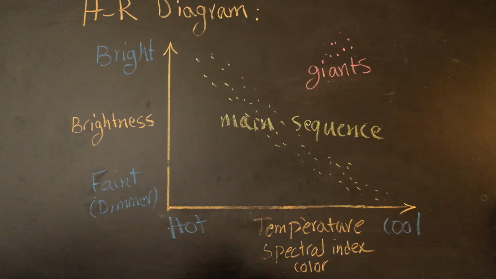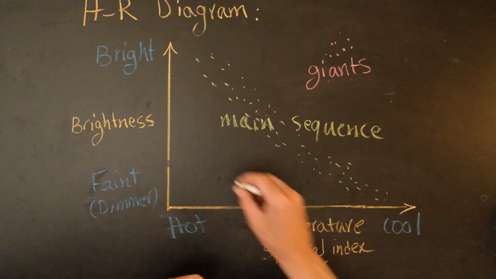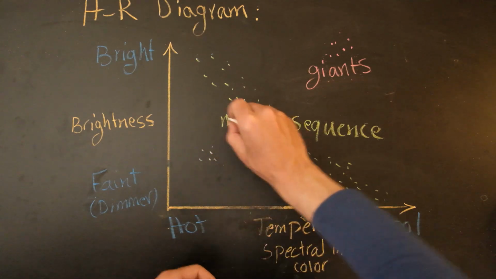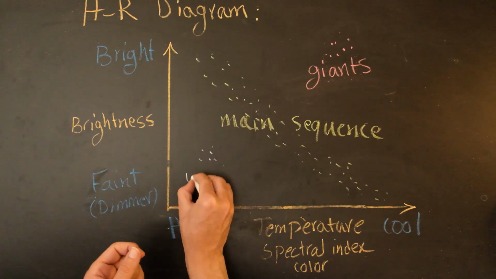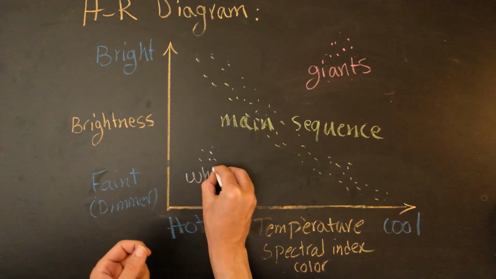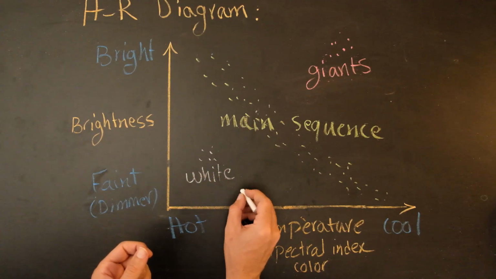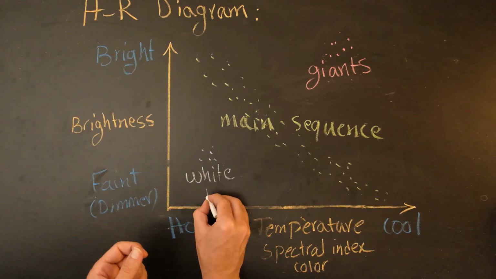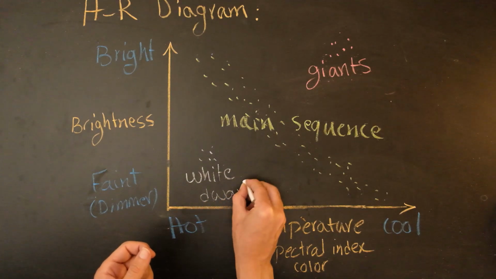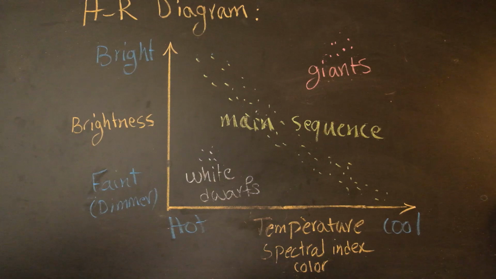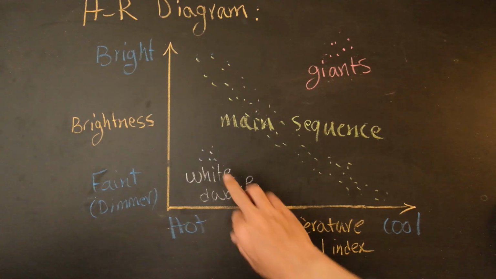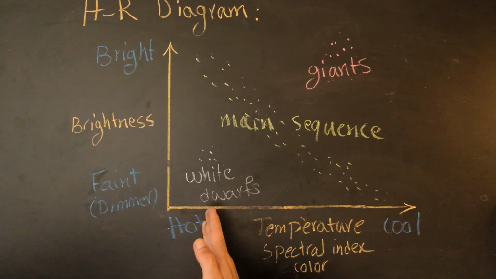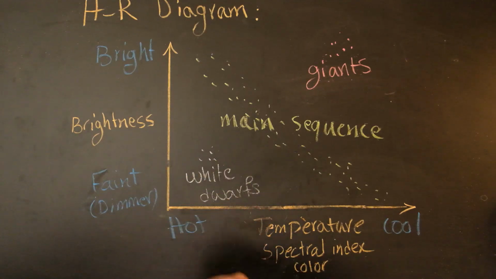But this dead star is losing energy and temperature. So they move to this part. And these are white dwarfs.